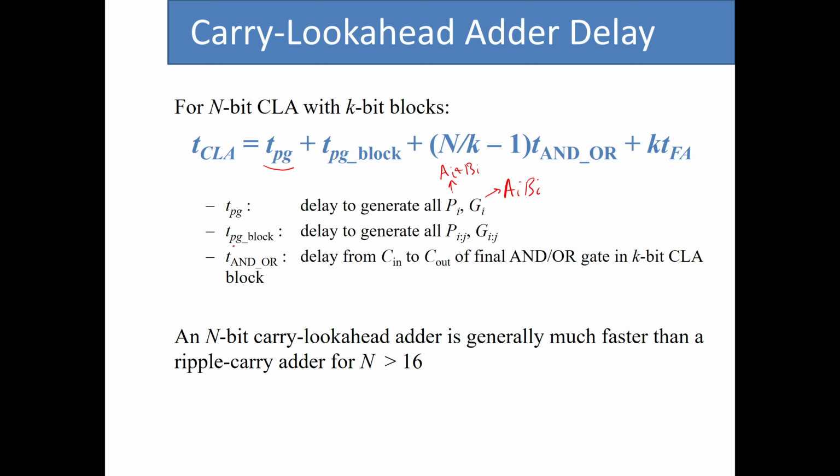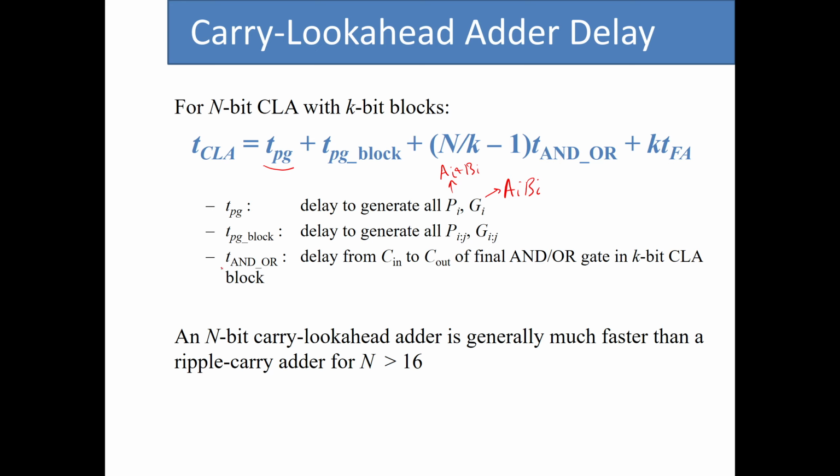Then we have the delay of the PG block, which is basically the delay as a result of calculating the generate and propagate signals for the full block. So in the previous example, since the blocks were 4 bits, that means the delay caused by calculating the generate and propagate signal for that 4-bit block.